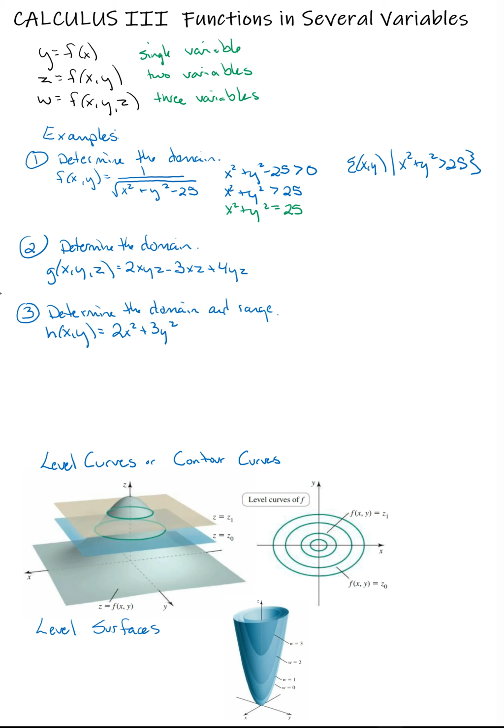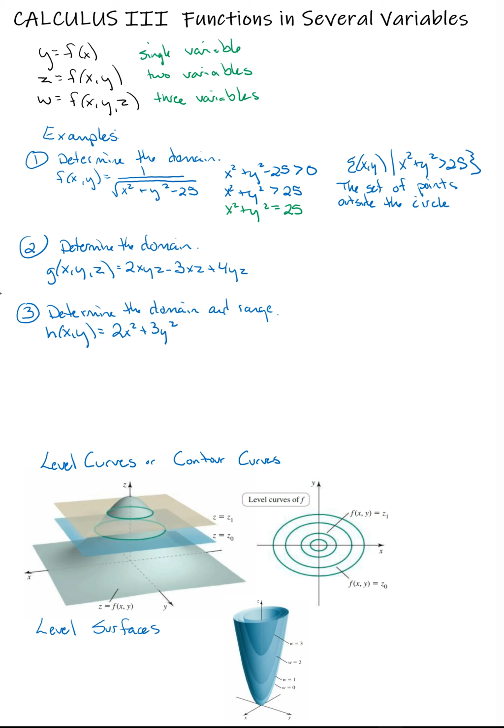That should be familiar to you. In fact, that's the equation of a circle, so we could say that this is the set of points. Now this is actually greater than 25, so that would be outside the circle.